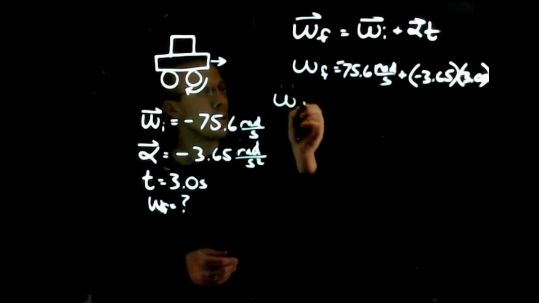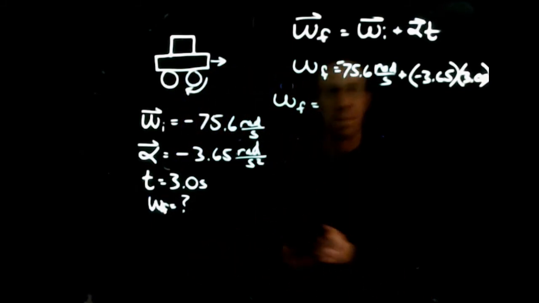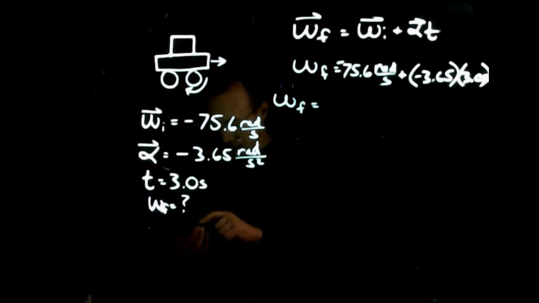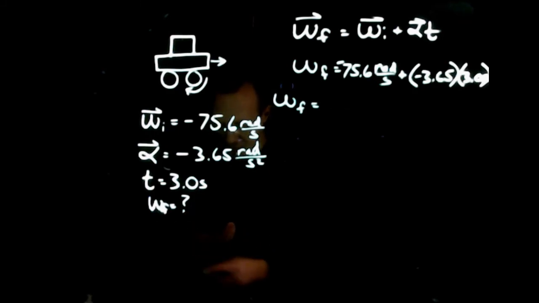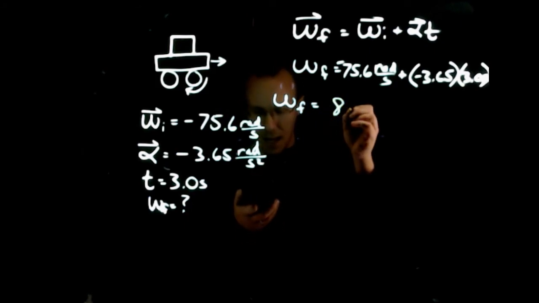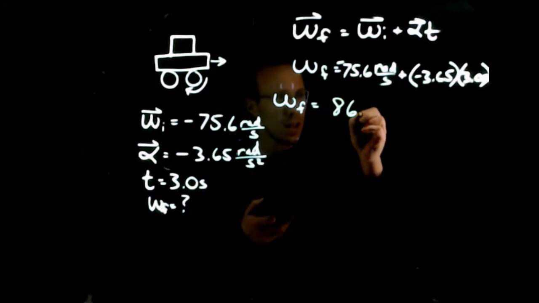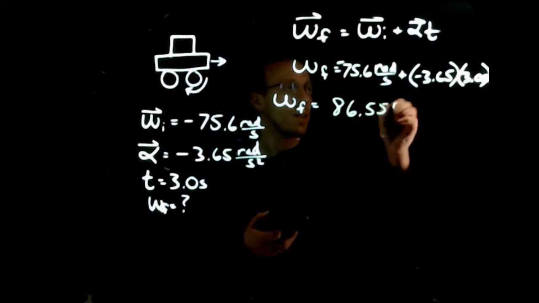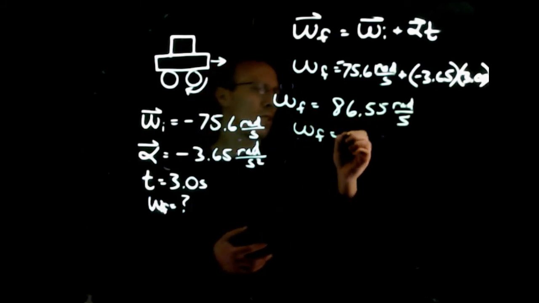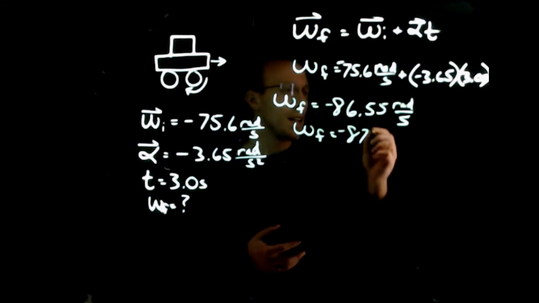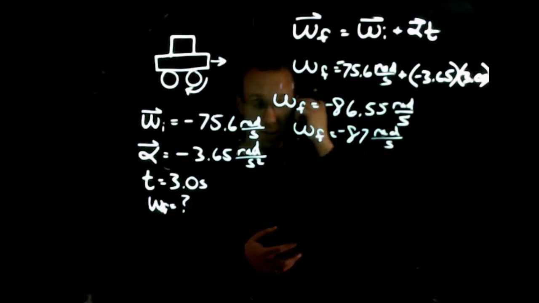Okay, so we're going to multiply that all out and add it. And that gets us to 86.55 radians per second. If we look at that, it's two significant figures, so it'd actually be negative 87 radians per second.